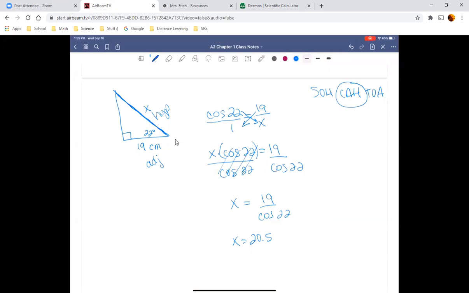Could that ever be negative? No, because you can't have negative 20.5 centimeters, right? So we know that that's always got to be a positive number. So if you end up getting a negative number, a lot of times it's your calculator's in the wrong mode. It's actually in radians and not degrees. But usually you don't have a problem with it.